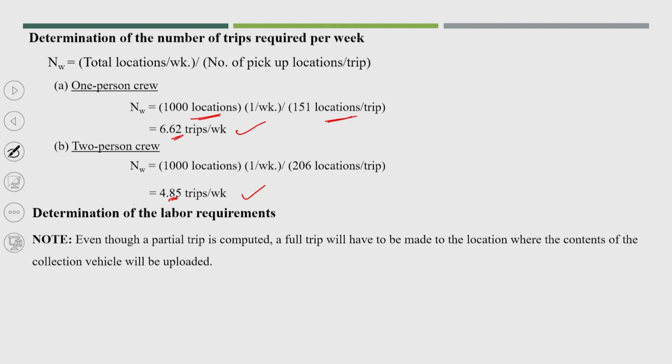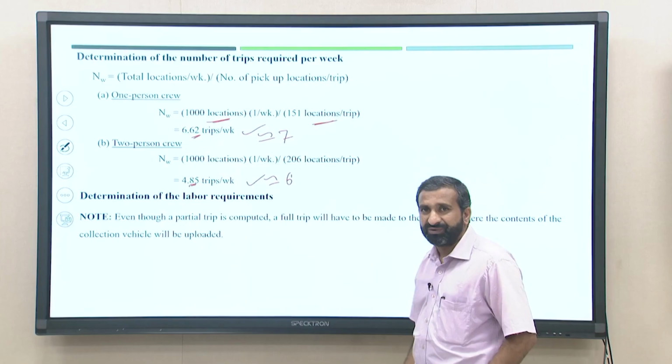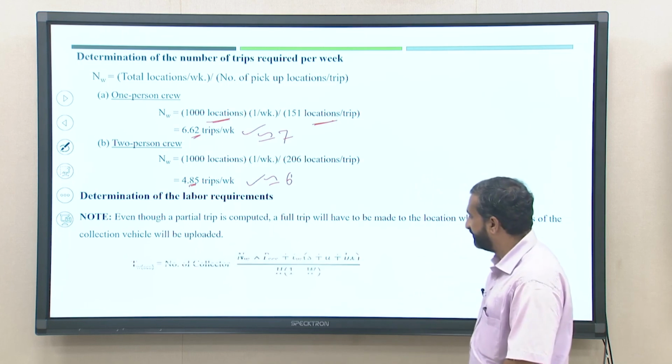So, even though the partial trip is computed, a full trip will have to be made to the location where the contents of the collection vehicle will be unloaded. So, we can assume 7 trips per week, and in this case 6 trips per week. By that way we can calculate the labor requirement.